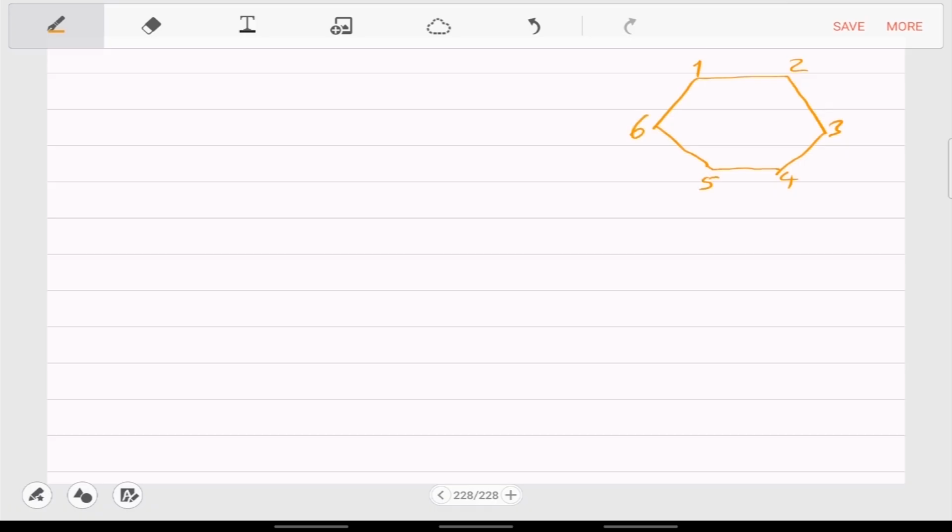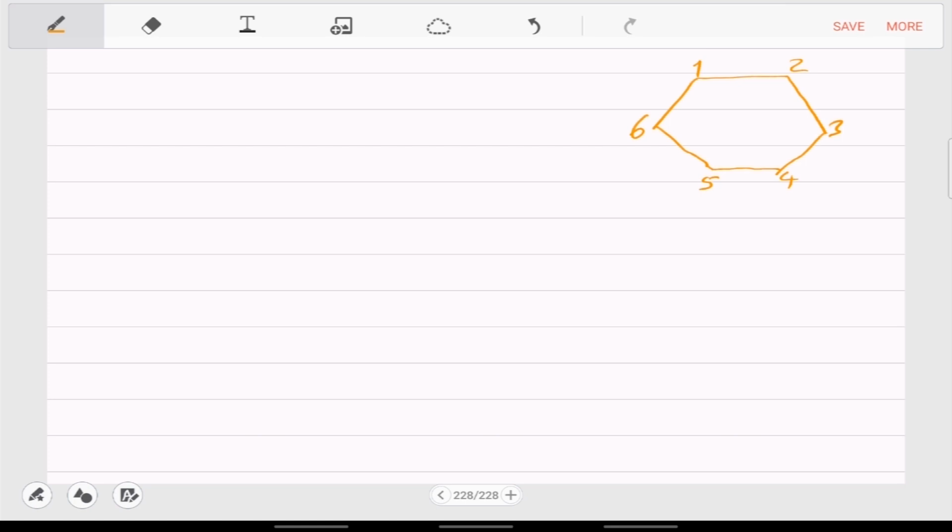So this labeling that I have done, it is arbitrary, 1, 2, 3, 4, 5, 6. So I can actually permute it without changing the picture. Okay, so the embedding of the hexagon should not change. Labeling is allowed to be changed.